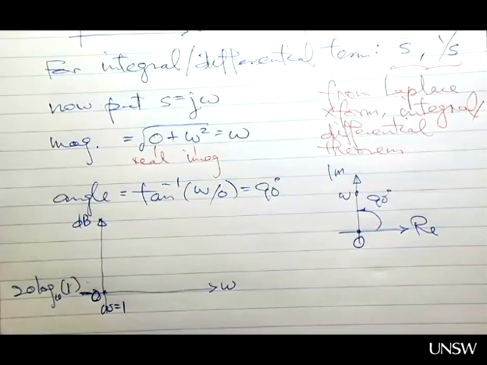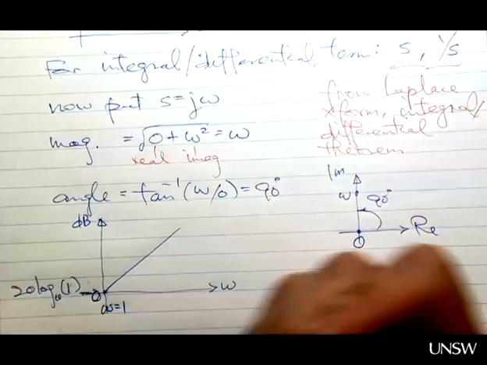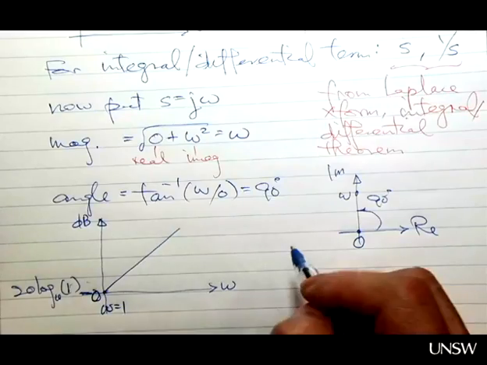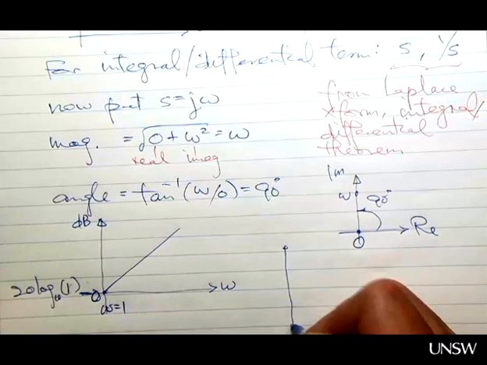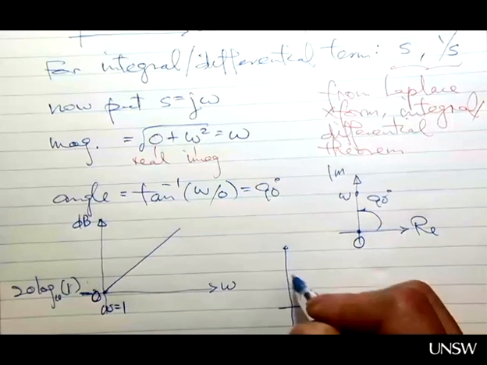So as omega increases, the magnitude also increases. And for the phase angle, the angle is always 90 degrees.